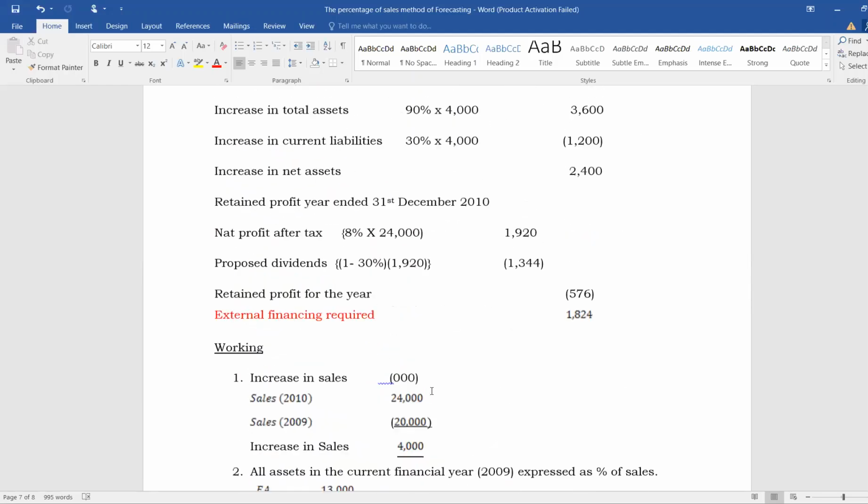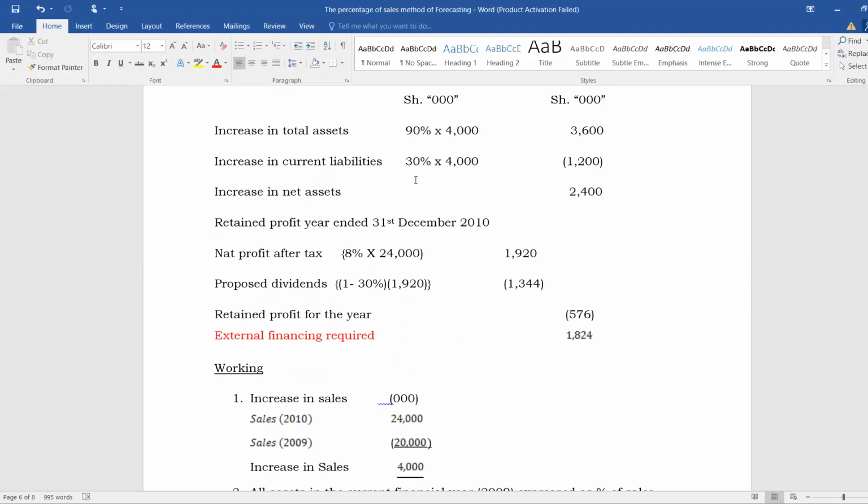Si ndio? Naona hiyo working nimefanya hapo. 30% of 4 million. So incremental liabilities is what? 1.2. Current liabilities.